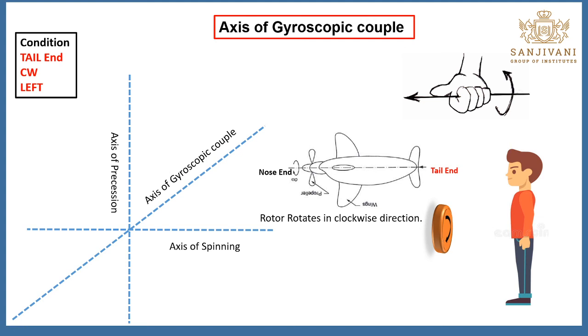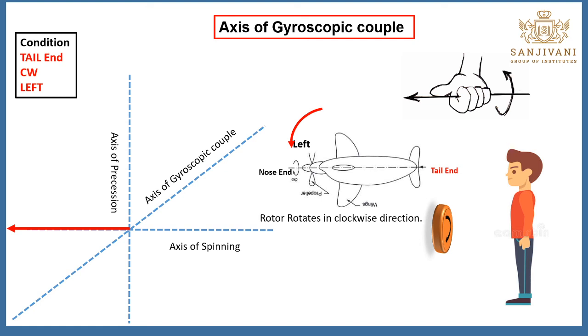If we rotate the fingers in the clockwise direction, that velocity vector is denoting towards the left hand side. That means you have to orient your axis of spinning towards the left hand side.